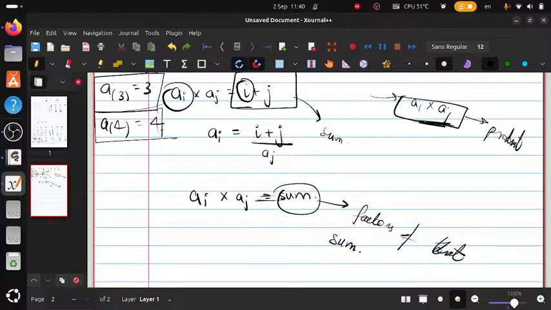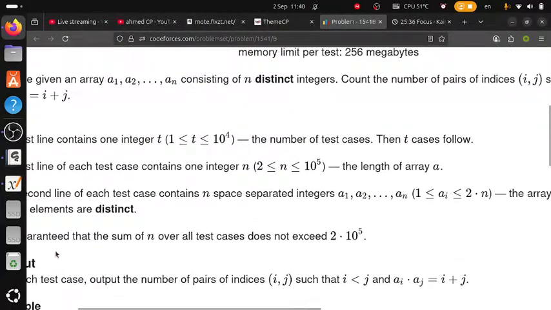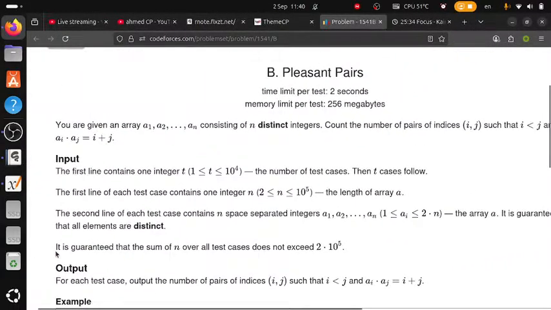And the values of ai are supposed to be what? They are smaller than 2n, and the value of n is 2e5. So we can build an array. This is very much doable.